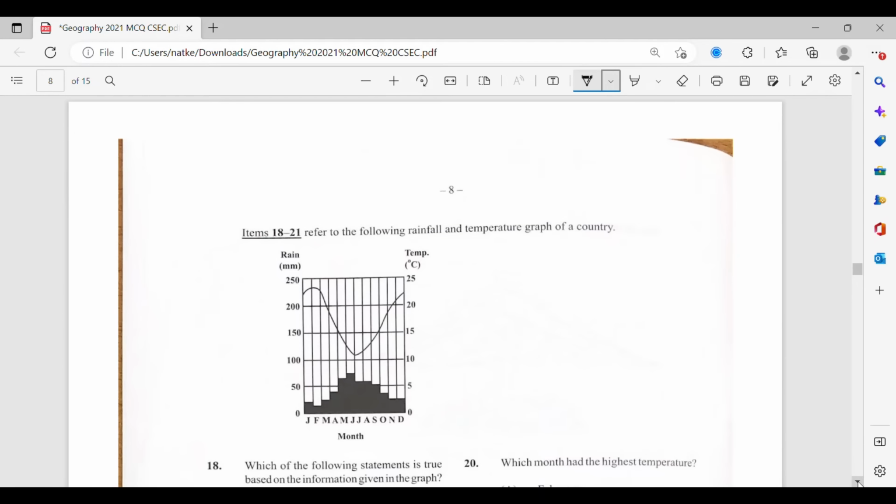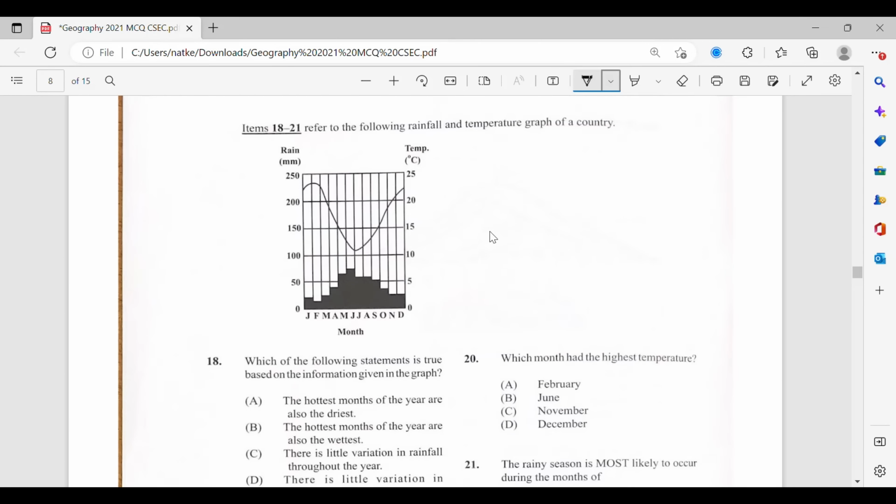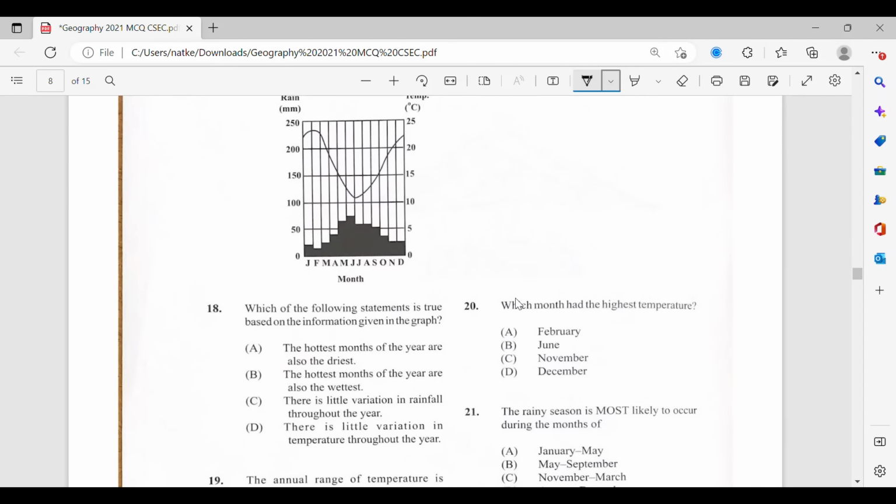Number 18 to 21 refers to the following rainfall and temperature graph of a country. 18. Which of the following statements is true based on the information given in the graph? So again, when you get a question that asks you to identify which of the following statements is true, it means that you need to look at each of the statements so that you can figure it out, right? First one says, the hottest months of the year are also the driest.